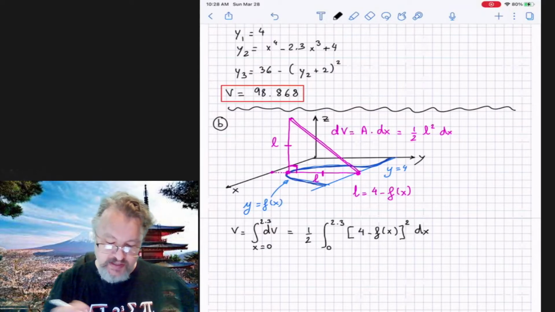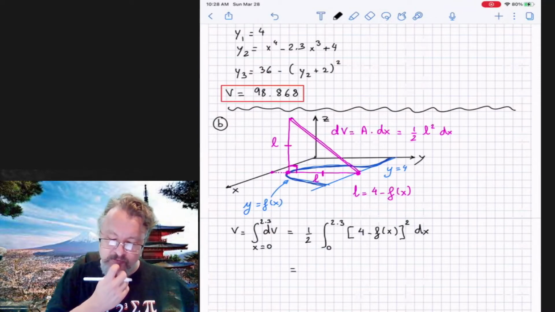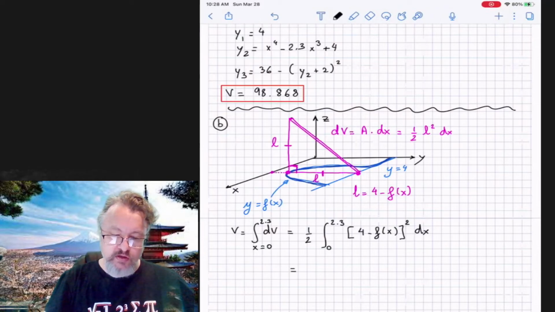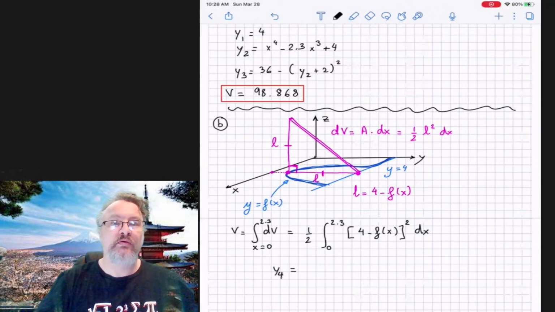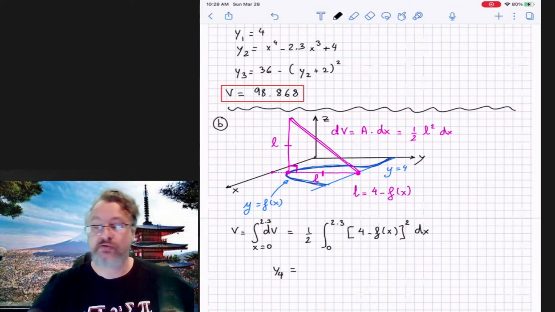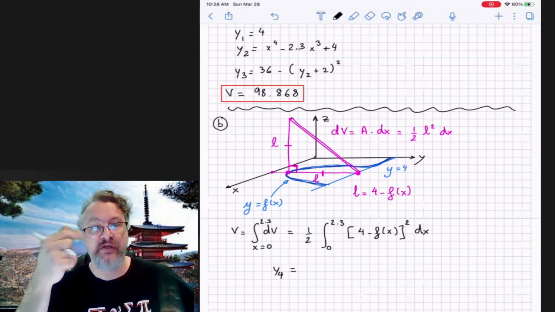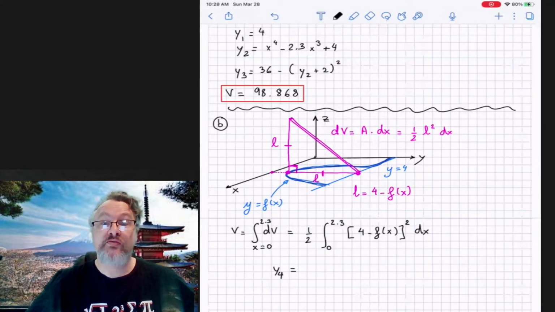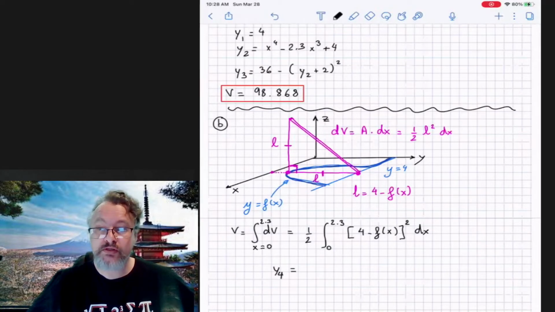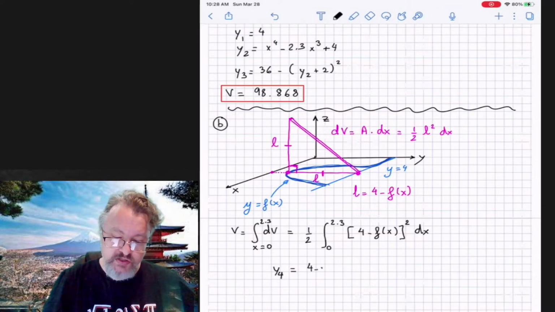what does that mean? Well, that means that on my calculator, I'm going to go to y4. Remember, we can see on the screen, we have y1 equal 4, y2 equal the function, y3 equal what we needed for part B. But for y4, I'm just going to write 4 minus y2.